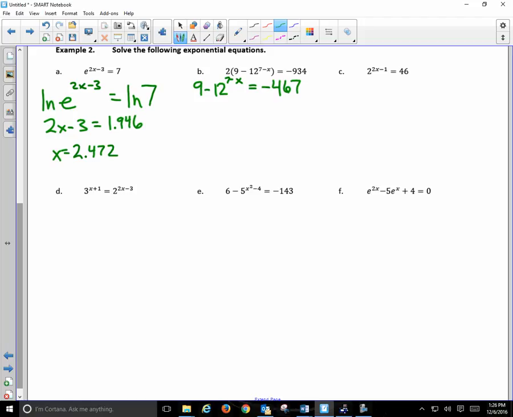Subtract the 9. When we subtract 9 from both sides, we get negative 12 to the 7 minus x is equal to negative 476. Divide by the negative: 12 to the 7 minus x is equal to 476.